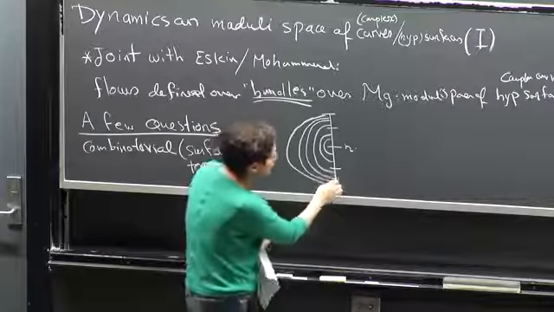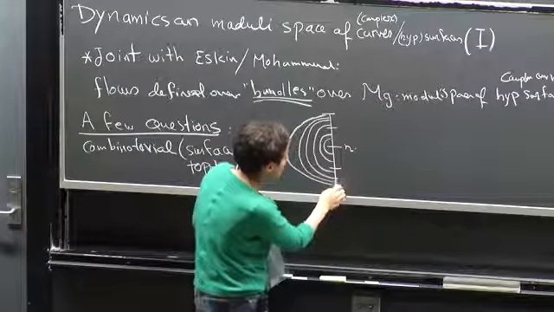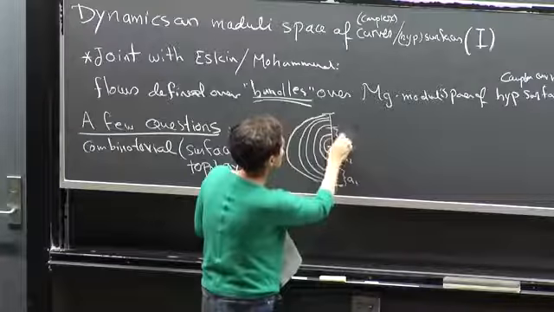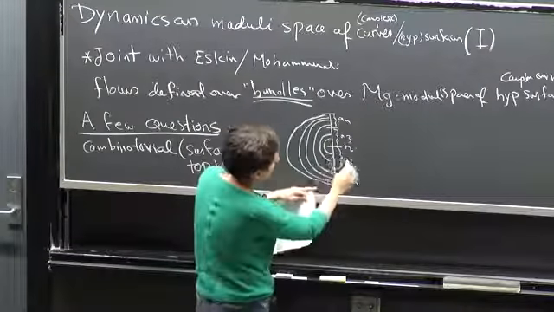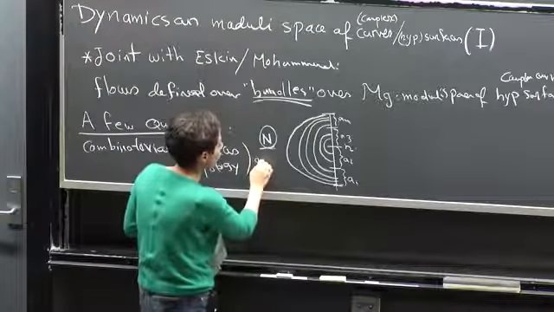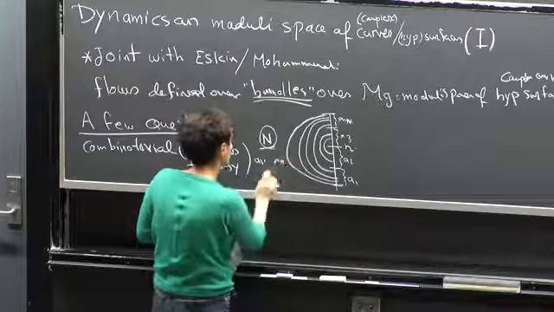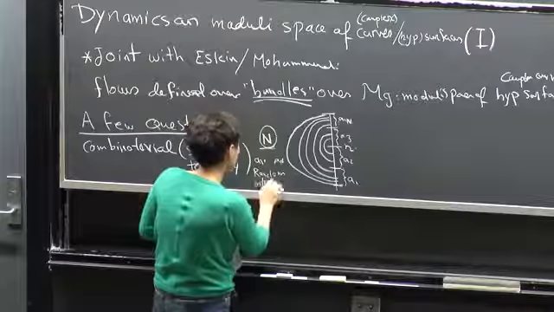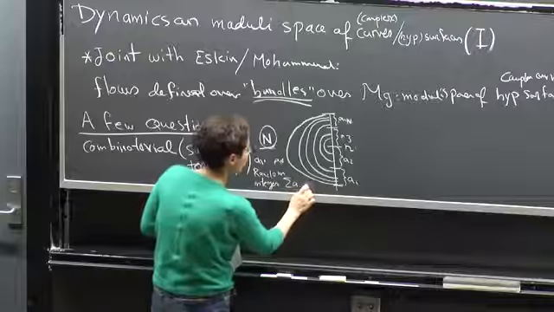Then I will have A1, A2, A3 to AN, which you can imagine are random integer points with the sum equal to n.